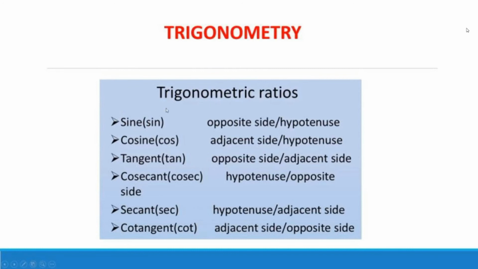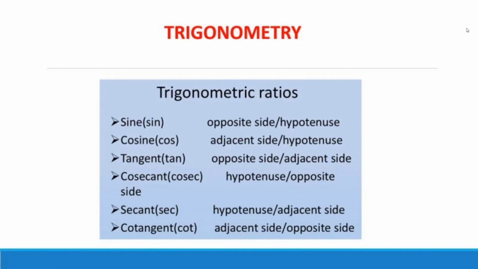SOH means sine is opposite over hypotenuse, while CAH means cosine is equal to adjacent side over hypotenuse, and TOA means tangent is equal to opposite side over adjacent.